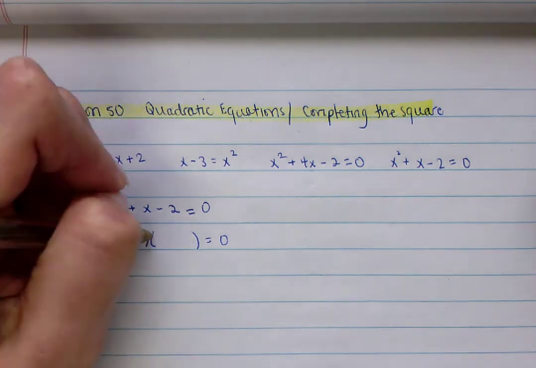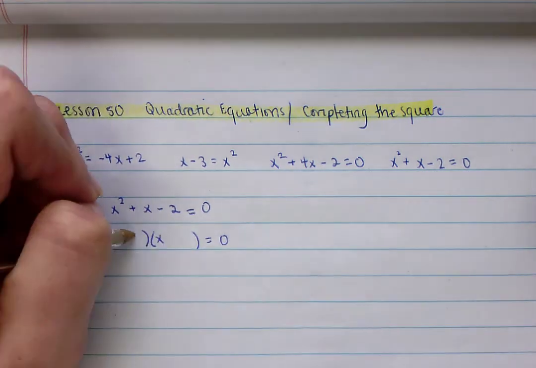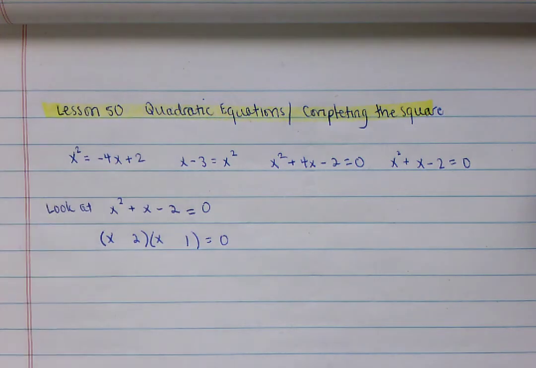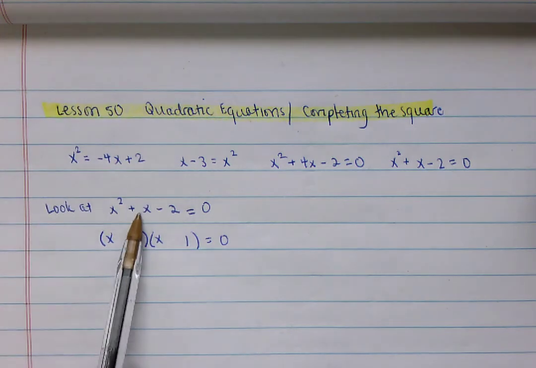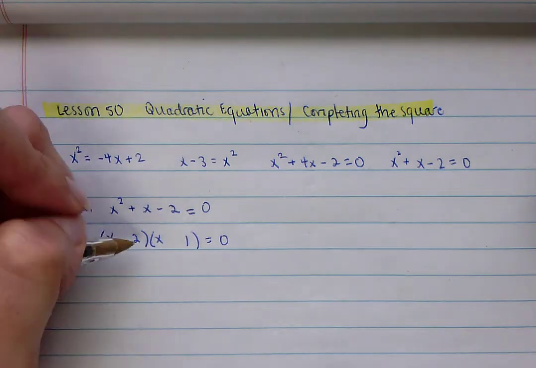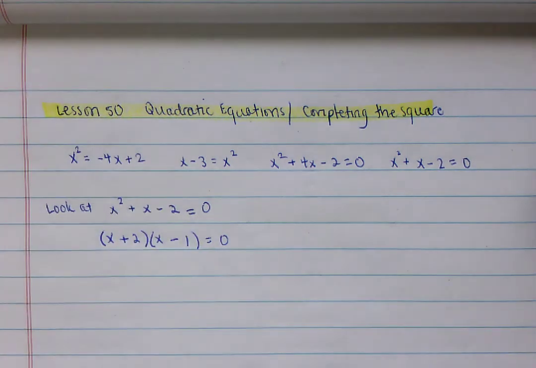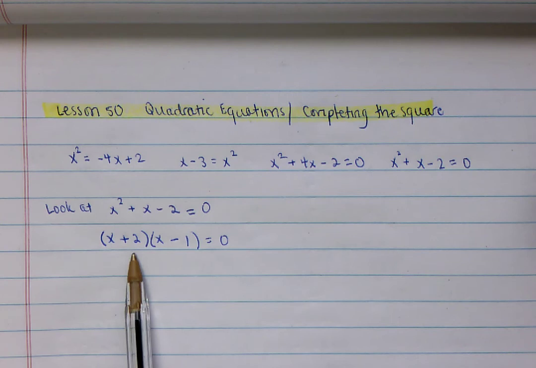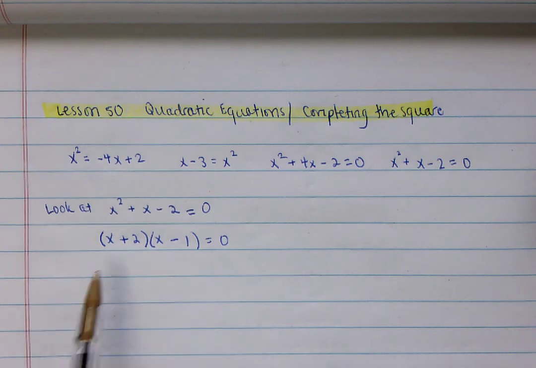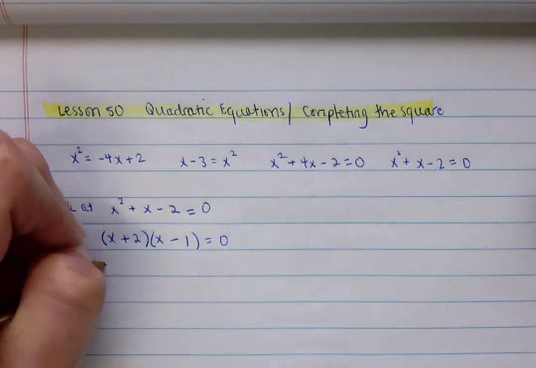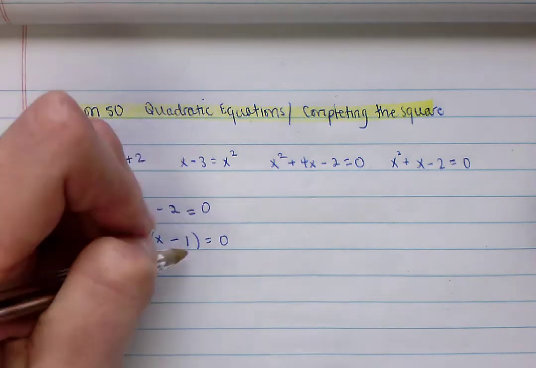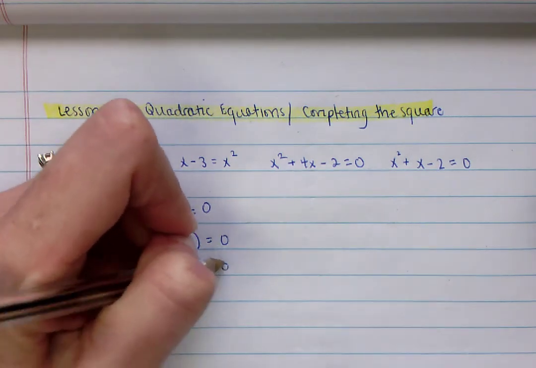And so that would be a 2 and a 1, or a 1 and a 2, however you want to write that. Because the middle term is positive, again, we want the bigger one to be positive, the smaller one to be negative. And then afterwards, remember that we would set each of these factors equal to 0. So x plus 2 equals 0 and x minus 1 equals 0.